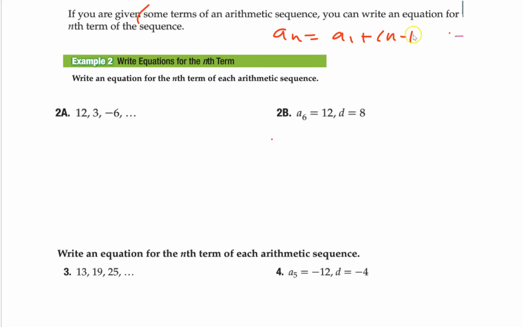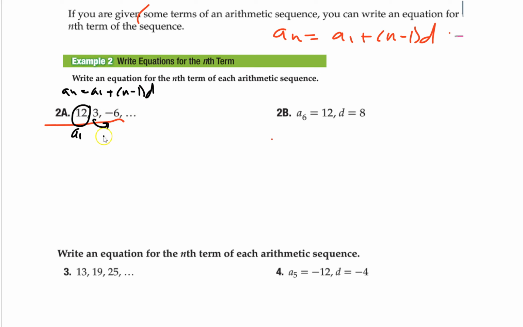It's this. Now sometimes it's really easy, like this one, where we're looking for an equals a1 plus n minus 1 times the common difference. A1 is 12. Common difference, 12 to 3, 3 to -6, is -9, right?